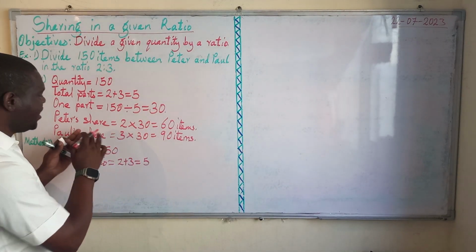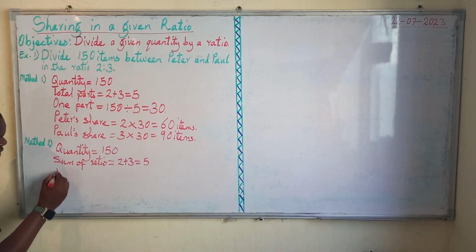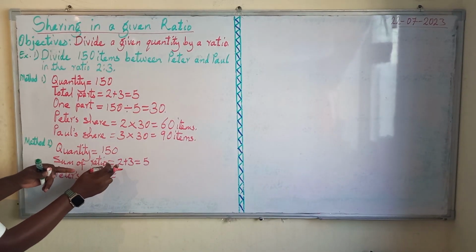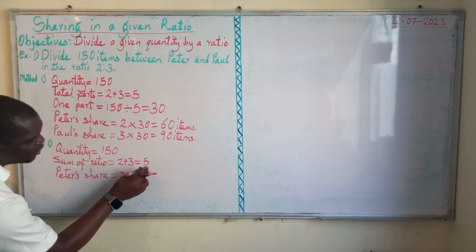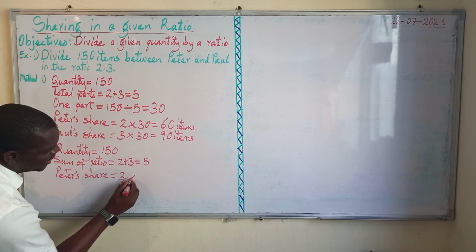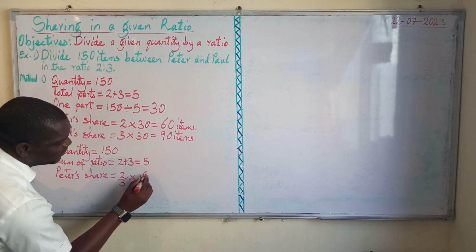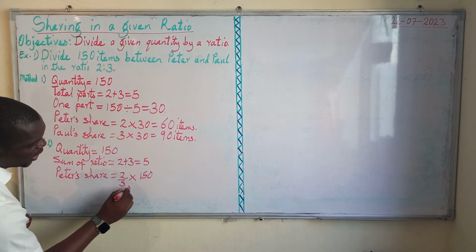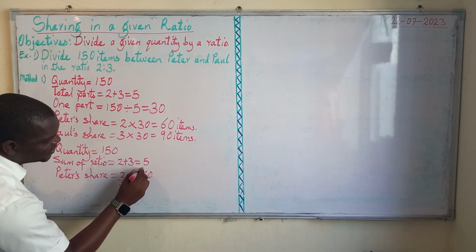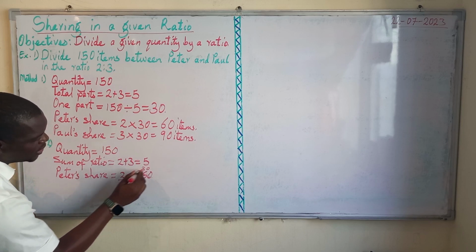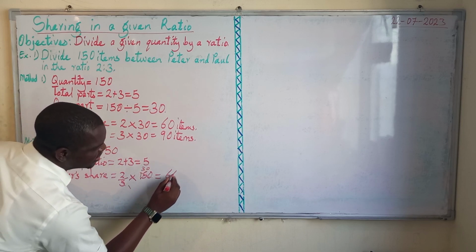That's Peter's share and Paul's share. So we start with Peter's share. Peter's share here is 2 over sum of ratio, which is 5, and we multiply that by the quantity, 150. 5 into 150 is 30. 2 times 30 is going to give us 60.